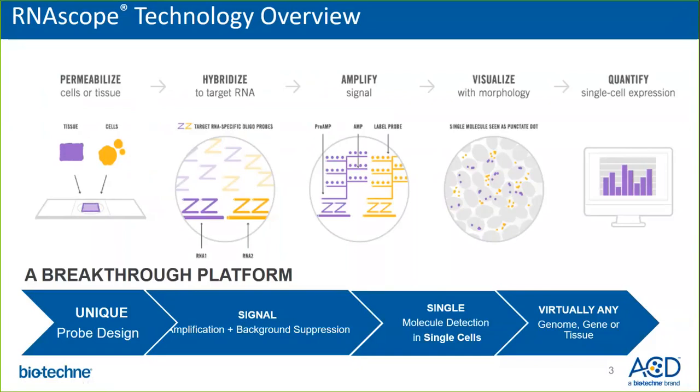These double-Z probes target the RNA and allow for amplification of the hybridization signal, as shown in the next step, where a sequential hybridization of amplifiers and label probes results in detection of single RNA molecules as single dots within a morphological context. These dots can be viewed under a light microscope or a fluorescence microscope, depending on the label probe used, and they can be quantified on a cell-by-cell basis.